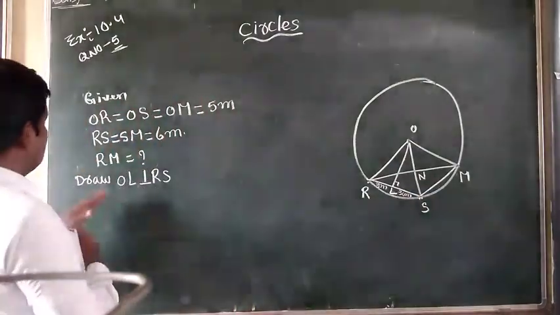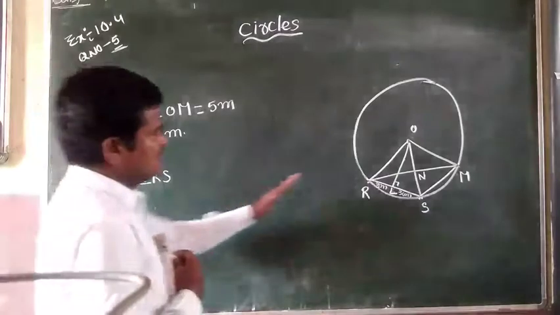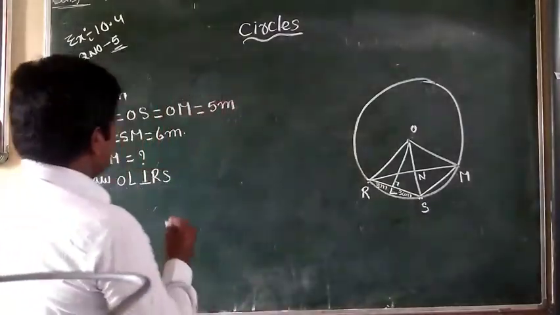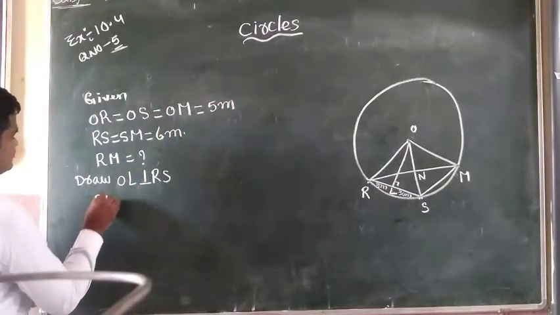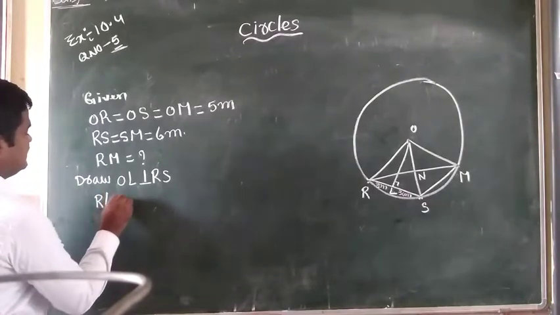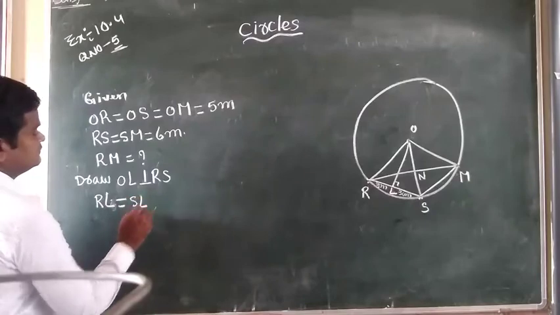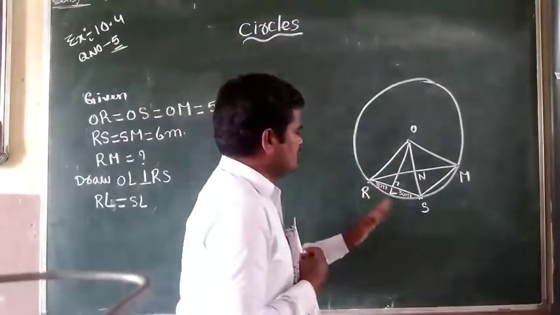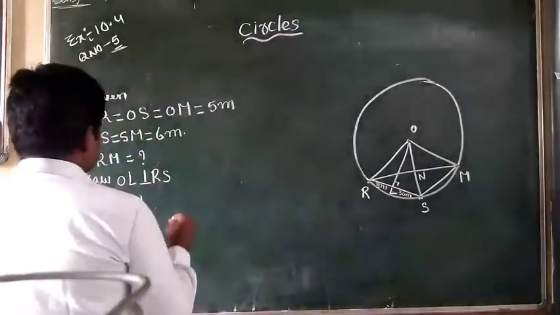Here draw OL perpendicular to RS. RL equal to SL. How can you say that?